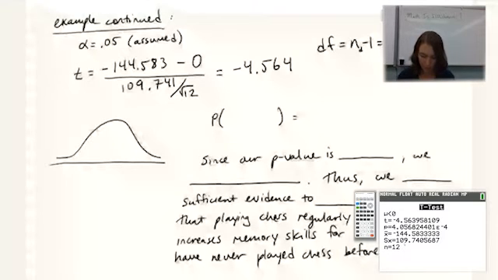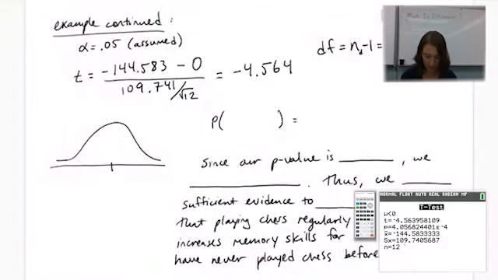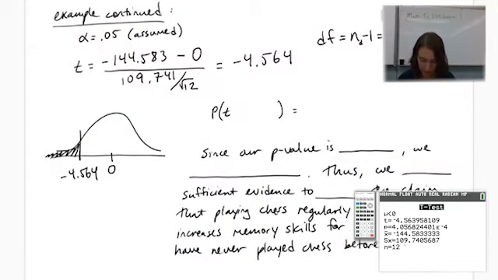So if we think about what's going on here, I have t equals 0, I have t equals negative 4.564. I want to know the probability of going less than that, based on my alternate hypothesis. So t is less than or equal to negative 4.564, and that is going to be this p-value here.